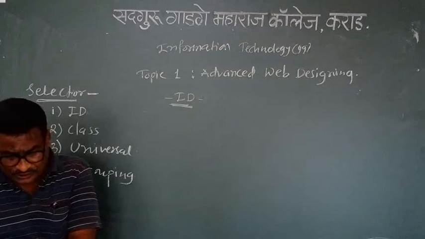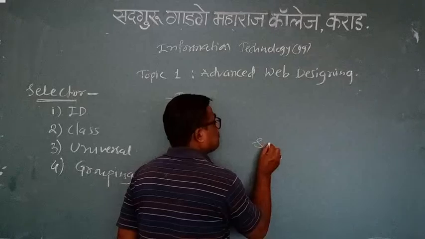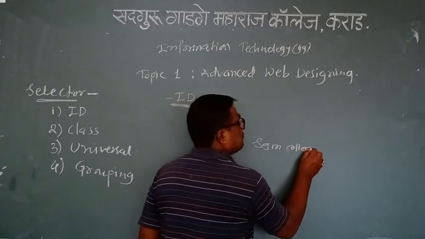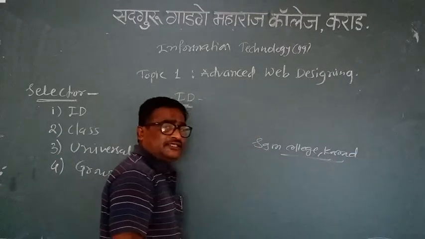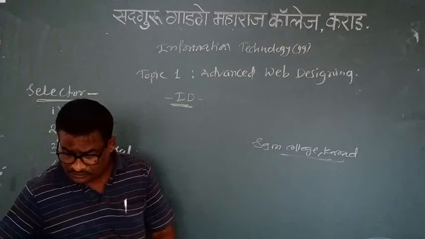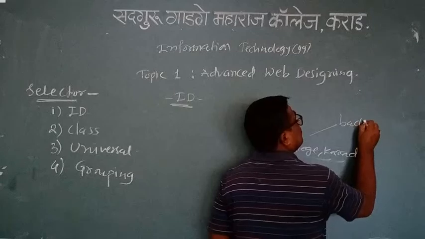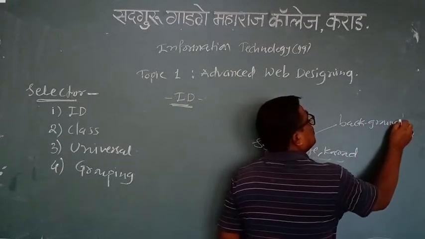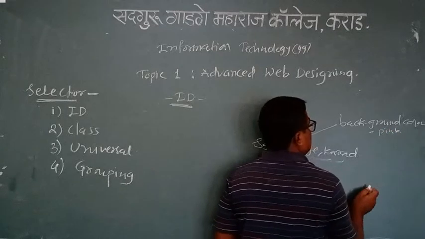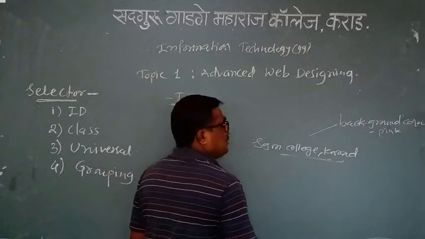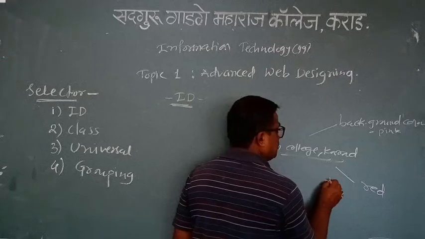Then for that purpose we take a program, so you understand easily. For example, the text is any text, for example HM College Karad, and for that text we make the background color pink and the text color, suppose, red.